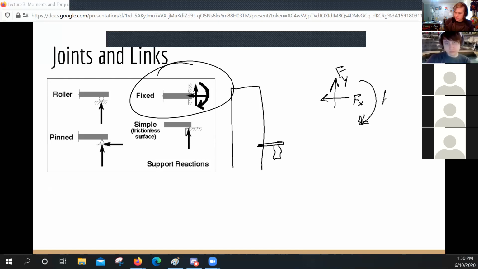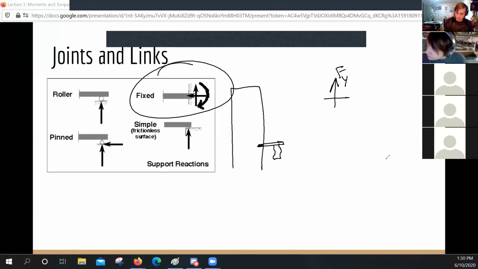So this joint, the rock around this joint doesn't want it to move in the y, x direction, and it doesn't want to let it twist, okay? It's holding it in place.